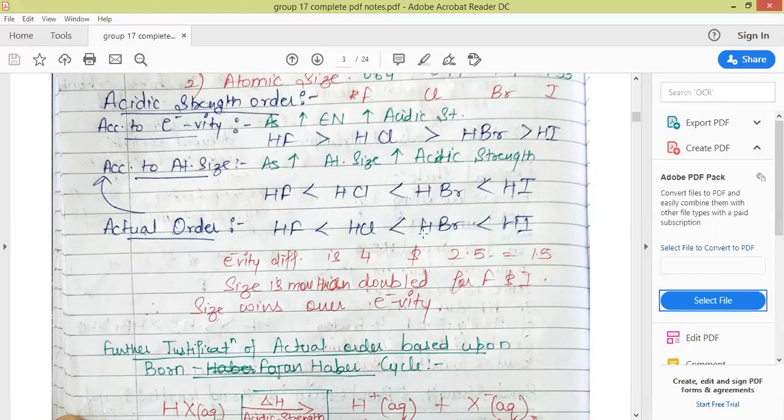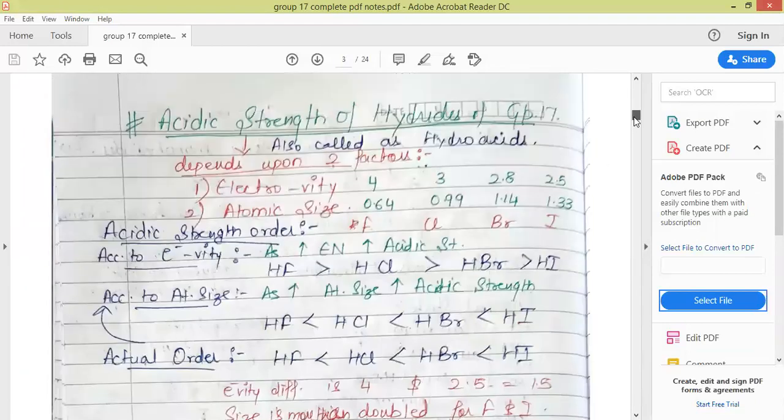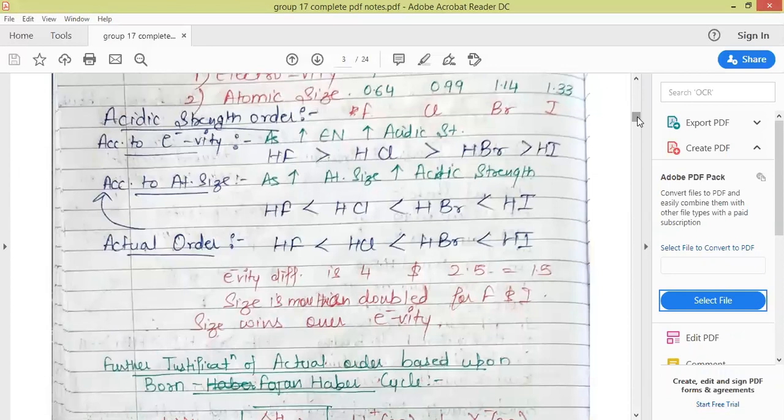This can be explained on the basis that if we move from fluorine to iodine, the electronegativity difference is 1.5, while atomic size is getting more than double. So the increase in atomic size overpowers the increase in electronegativity, so the order is justified based upon the atomic size.